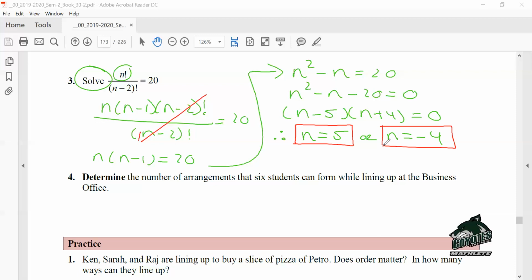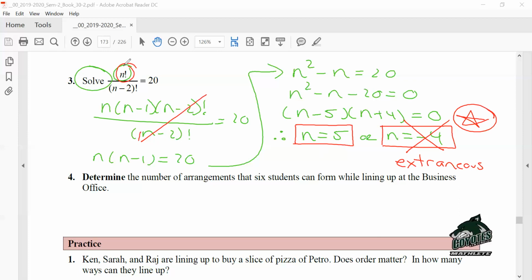So what I want you to do is cross that off and say extraneous. You can never arrange a negative amount of objects. That is a big, big deal. Okay, so you're going to get a couple of these in your homework as you practice these things. Okay, check my answer. I take the 5 and I sub it back in to here. And it better say 20 or else I did screw up.